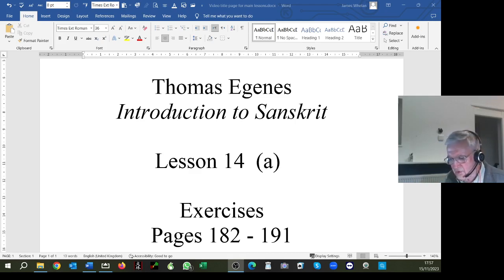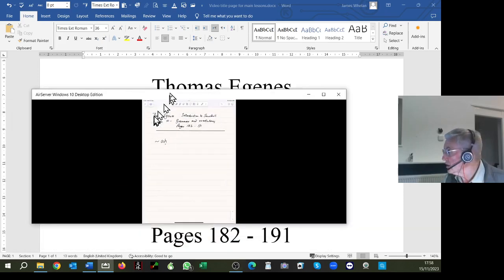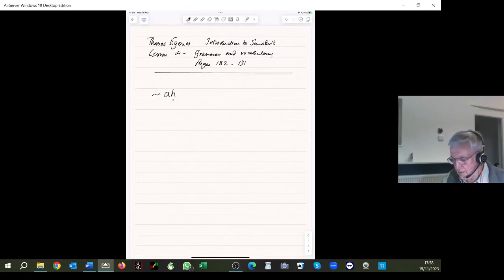So we start with words ending in a short a. Very, very common. Followed, oops, I'm writing on my iPad here. There we are, short a. Rule, very simple. If the following word begins with an a, then what happens is the first word ends in o and the a drops.